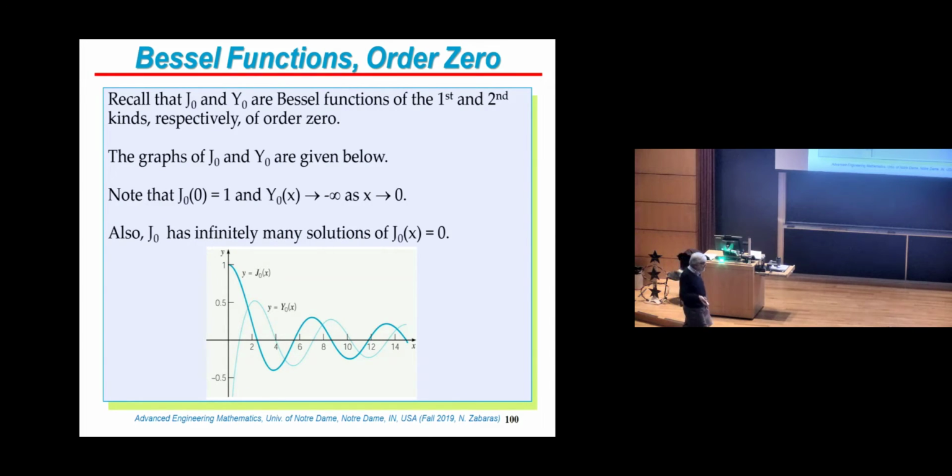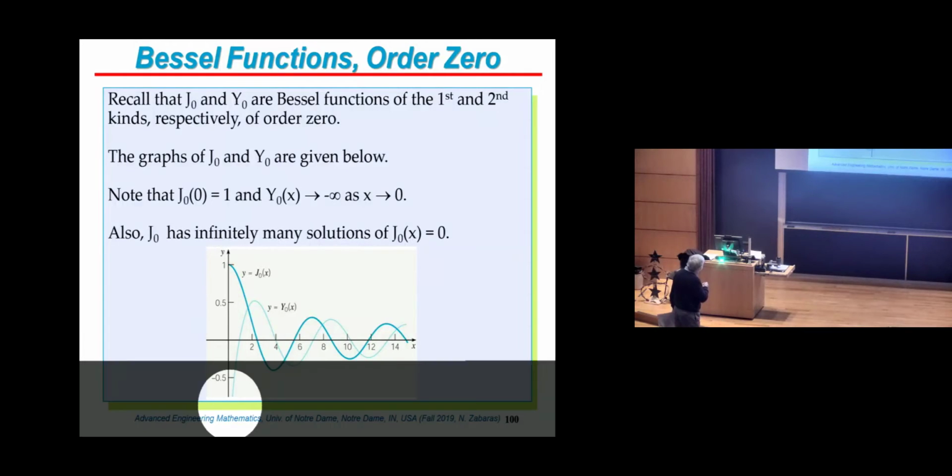So let's say that I ask you to solve this boundary value problem, and I put for you a boundary condition that says y at 0 equal to 0. Can you tell me what combination of those two functions will give you y at 0 equal to 0? Look at the plots and tell me what combinations of the two Bessel functions will give you y at 0 equal to 0.